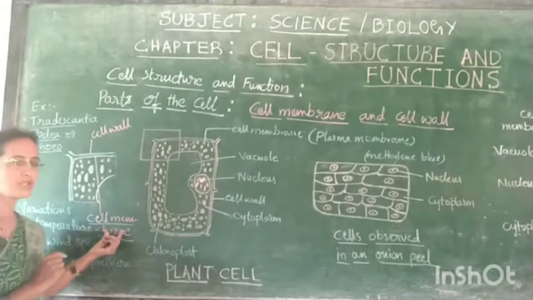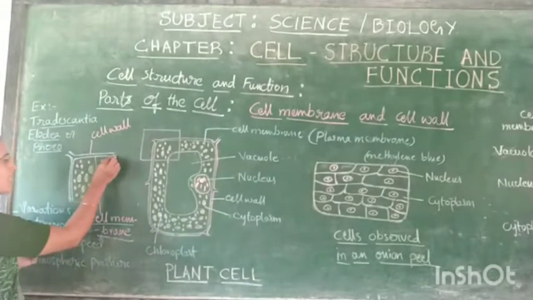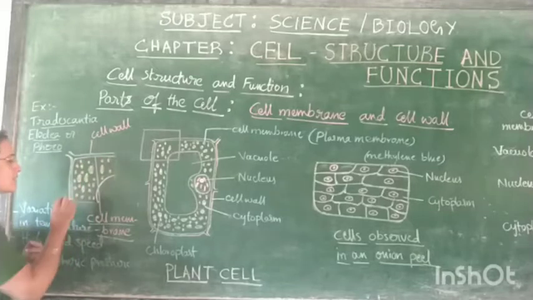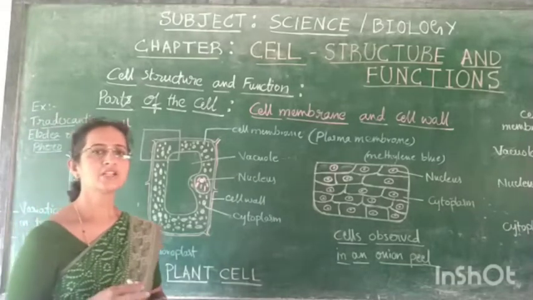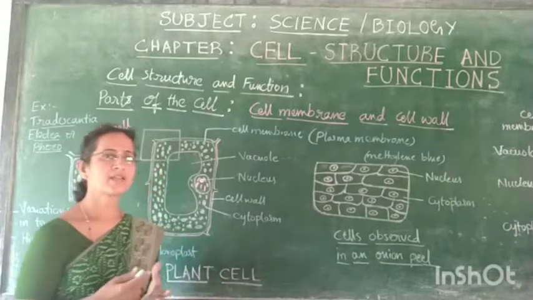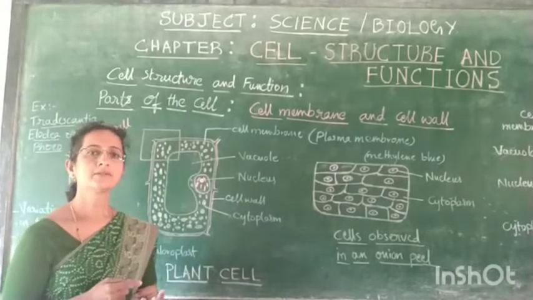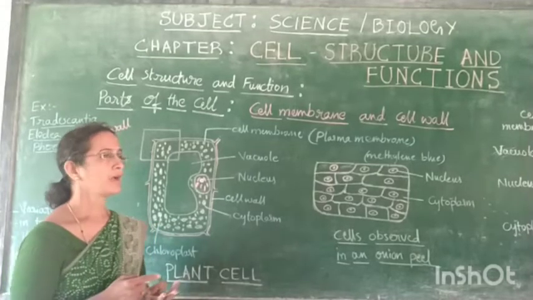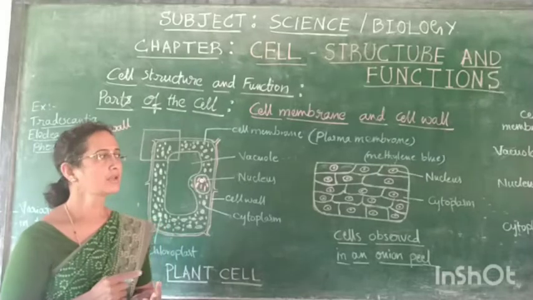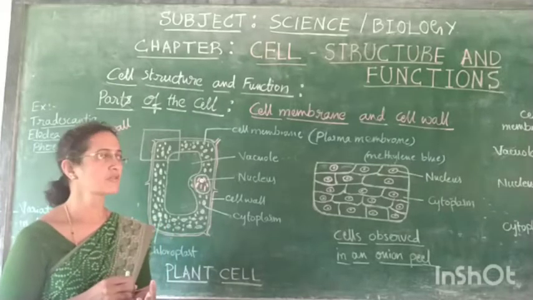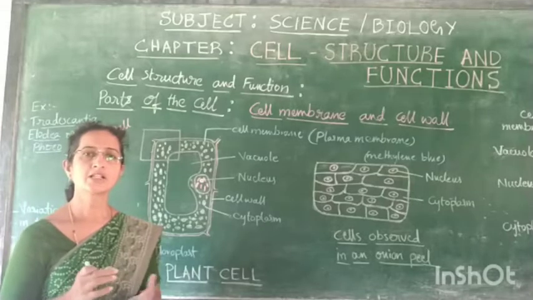See, what is the function of this cell membrane and cell wall? As we have learned earlier, the cell membrane helps in giving different shapes to the cells. As we have learned, the blood cell is the red blood cell, and in the nervous tissue we learned the shape of the neuron or nerve cell, and we learned the muscle cells which are spindle shaped.